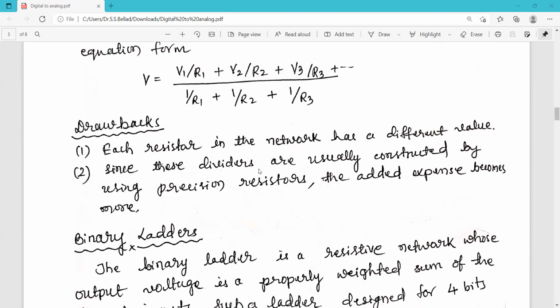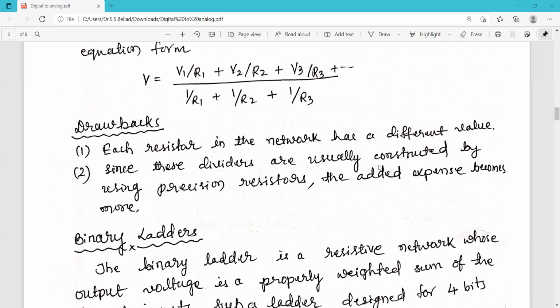These resistor dividers are usually constructed by using precision resistors. So the added expense becomes more as the resistors used in the divider network are of different values, and precision is another big problem. We will have to use high precision resistors, different kinds of precision resistors.